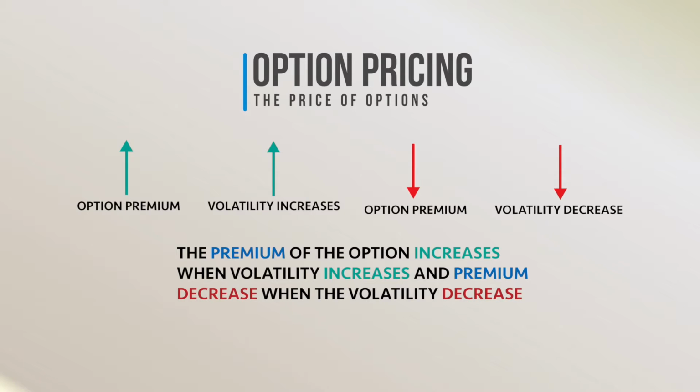So what will happen is the premium of options, may it be call option or put option, both the premiums of these options will increase, thereby increasing our profits if we have taken position in any of those in the buy side.